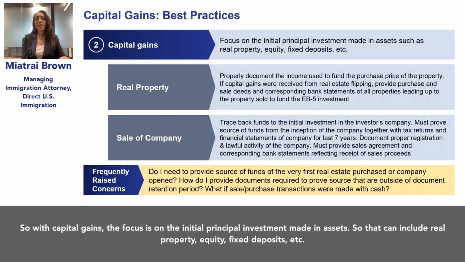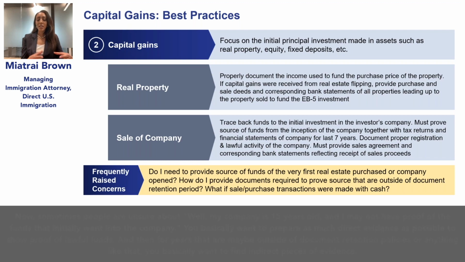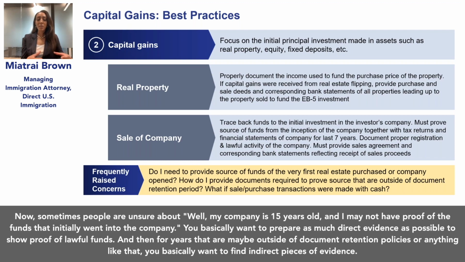So with capital gains, the focus is on the initial principal investment made in assets. That can include real property, equity, fixed deposits, etc. Now, sometimes people are unsure, saying, well, my company is 15 years old and I may not have proof of the funds that initially went into the company.